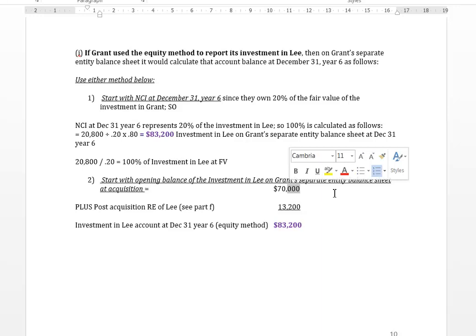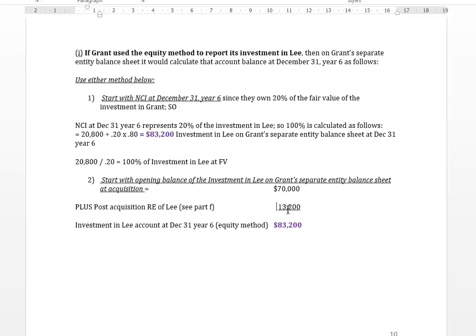That change in equity is due to the fact that it's been earning more income from year 4 all the way to year 6. So Grant is going to get its share of the post-acquisition adjusted retained earnings of Lee, the sub. That's going to represent the increase in equity that belongs to Grant.